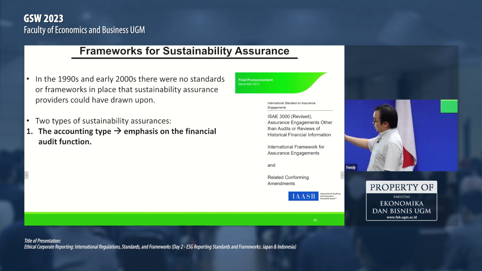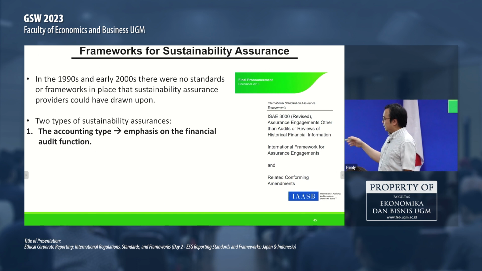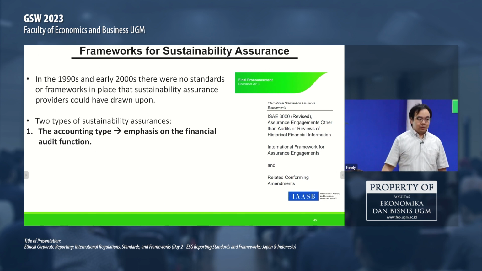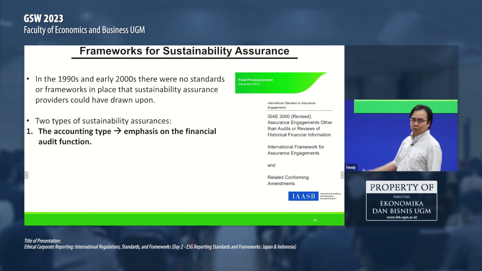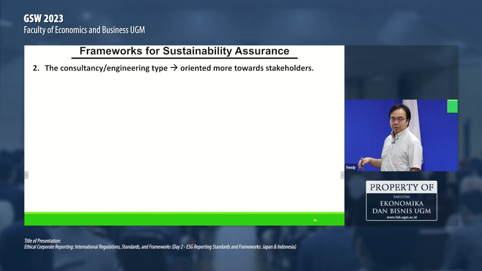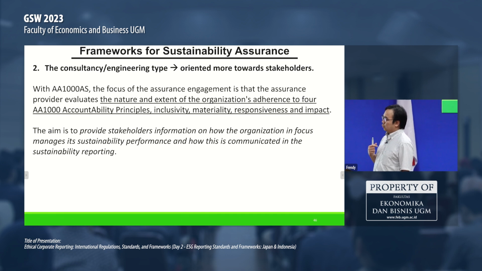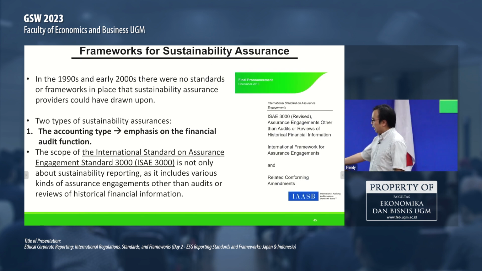But in December 2013, so it's been 10 years, these are the standards used by auditors to check the assurance of sustainability reporting. I believe this could be pretty technical, so we won't go deeper on that topic. So that's one. It's published by ISB.